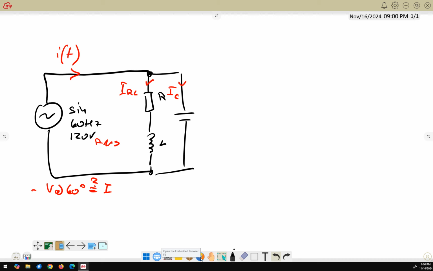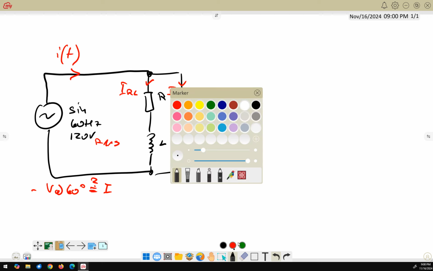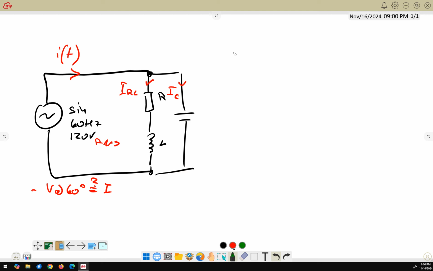So that we have at the end I of t, which is actually our magnitude, the sum current we have calculated, times a sine wave, omega t, plus the phase, which comes from the vector of the current.